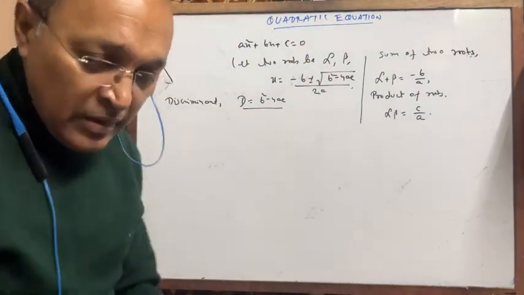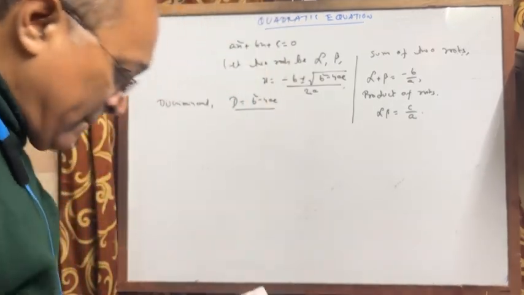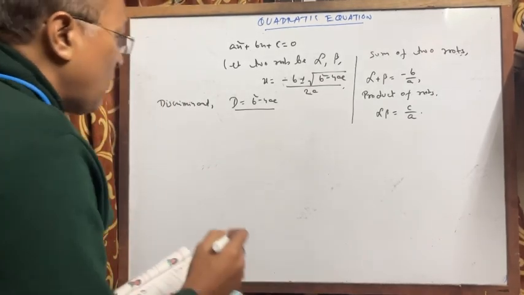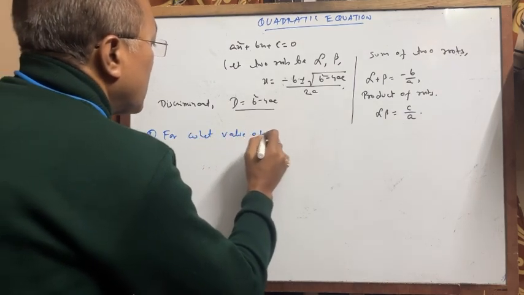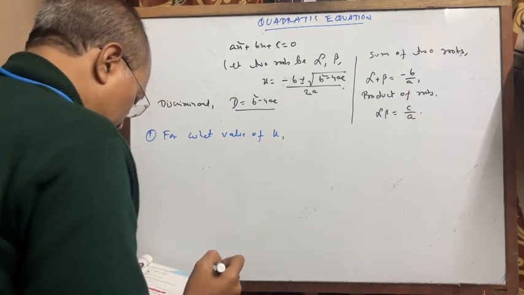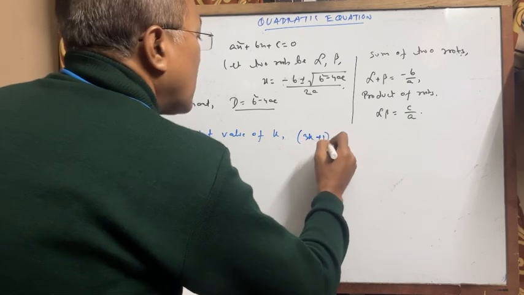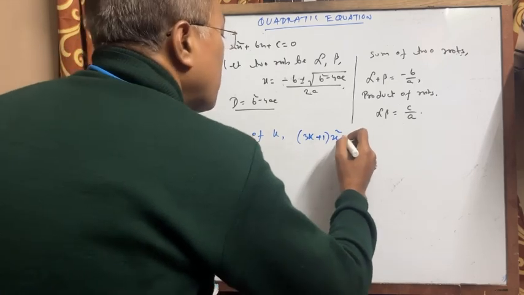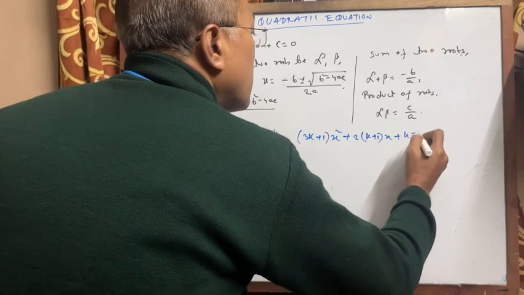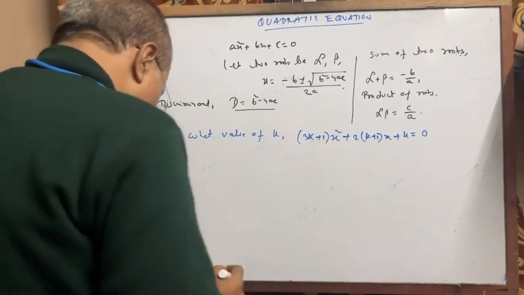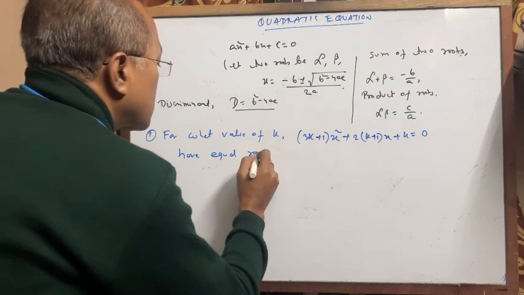Next, I am writing a question. For what value of k does the equation (3k plus 1) into x square plus 2 into (k plus 1) into x plus k is equal to 0 have equal roots?